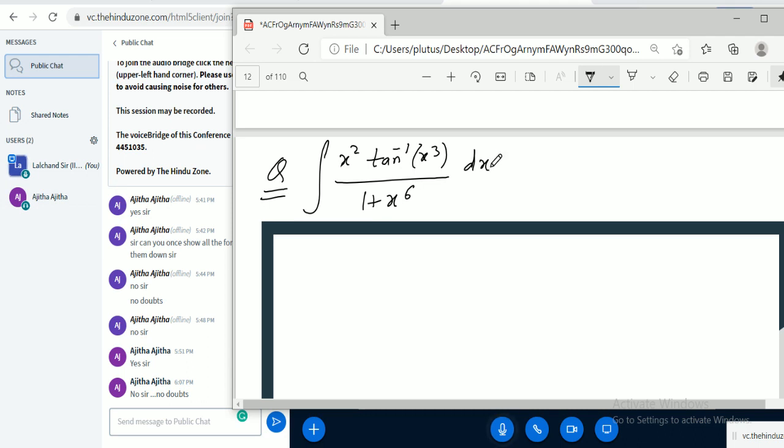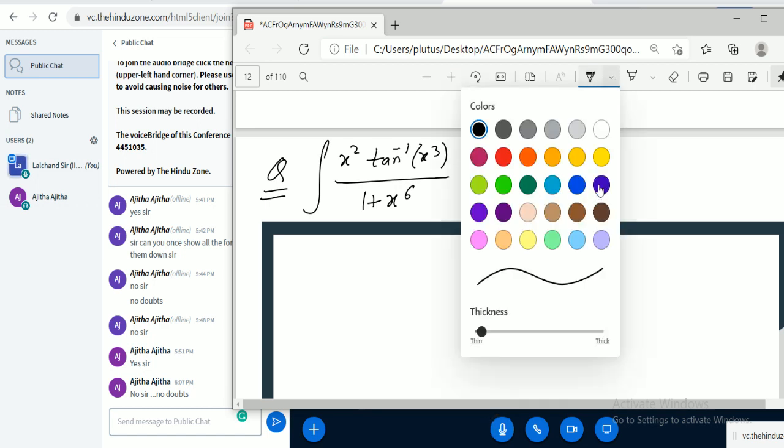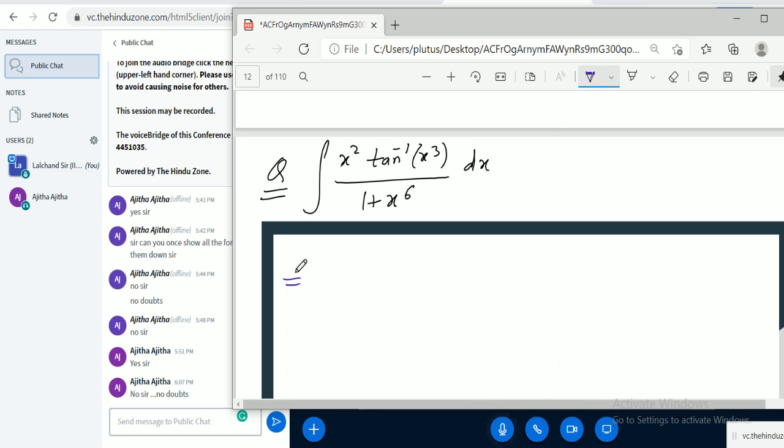So now can you solve this question by using substitution? What is the possible substitution for this equation?